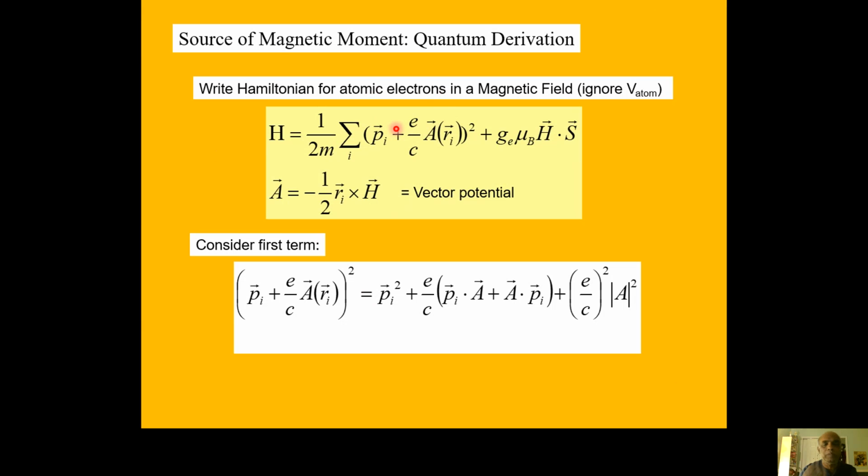Orbital angular momentum comes from the momentum part. If you expand this, you can square this term, then you have p squared, then you have e over c times p dot A dot p, the cross term. Then you have the square of the second term.